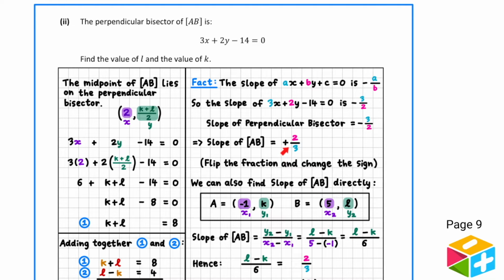Earlier, we found that the slope of AB is equal to 2 over 3. So whatever L and k are, it must be the case that L minus k over 6 comes out as 2 over 3.